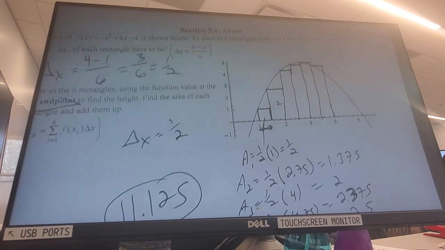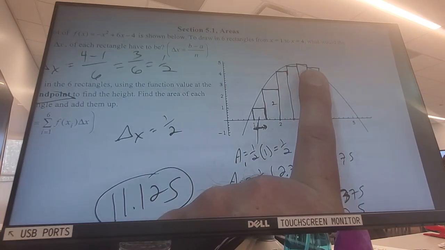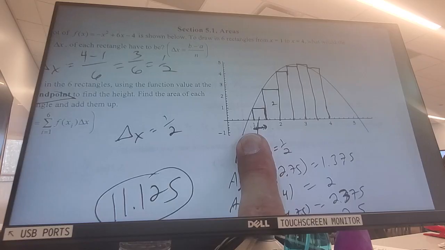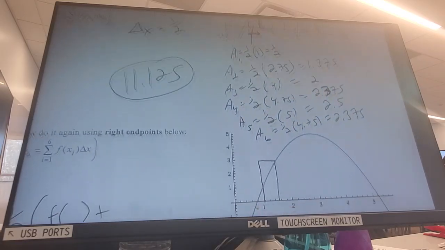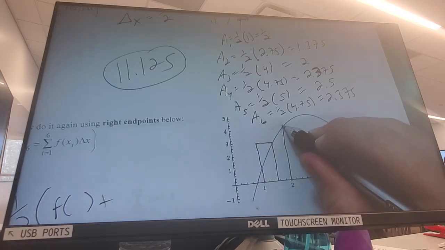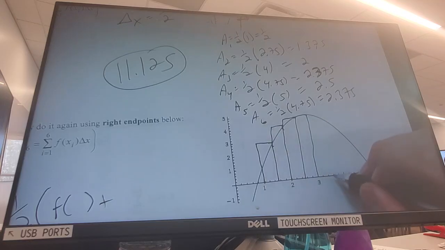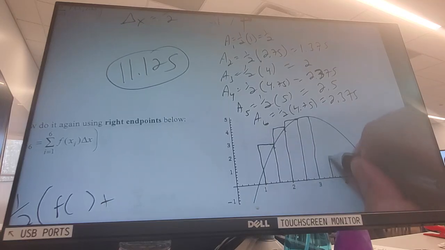This is obviously, real quick, do you see how this is definitely an underestimate? Do you see how it went over a little bit but under a lot more? So if I do this one, it's going to be an overestimate. So now I just go over 1/2 up, down, over 1/2 up, down.